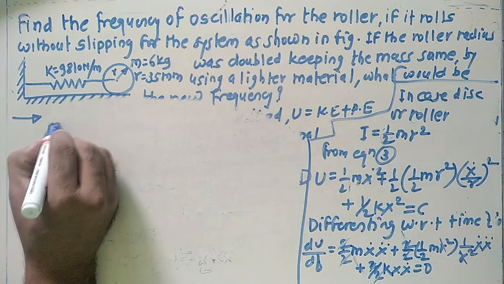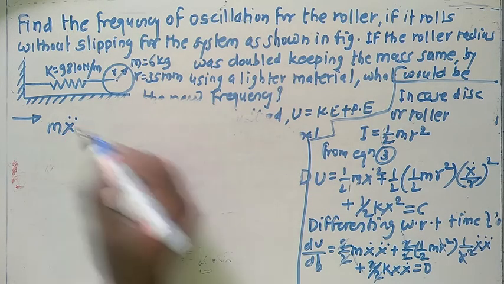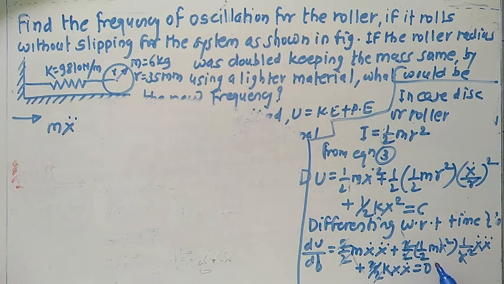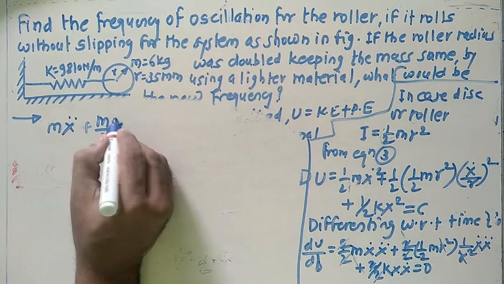So I write m x double dot plus 1/2 m, where r square has already cancelled, giving m by 2 into x double dot.